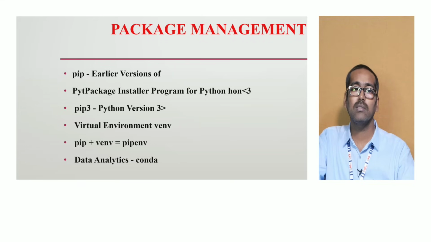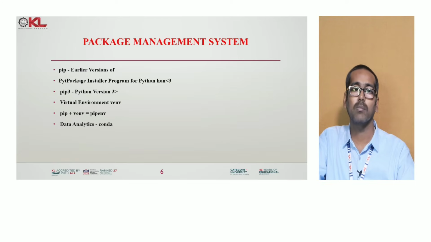In Python, we use a program called pip. What pip does is fetch from the internet the packages or libraries you require, and you can access them by using the pip command. We'll see what commands are available in the coming sessions.